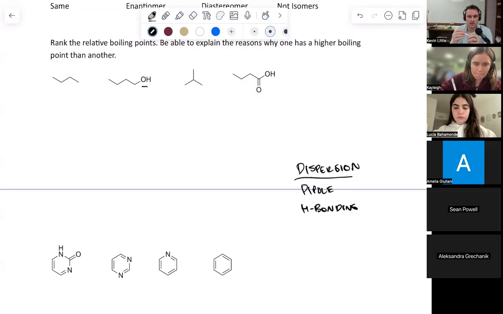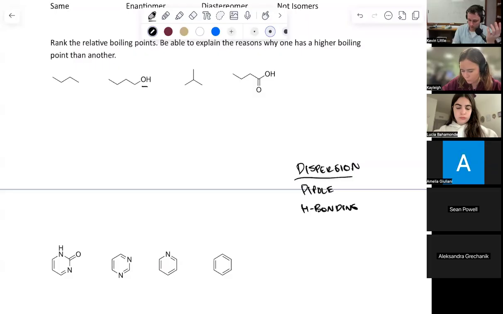So dispersion is probably the most important thing, but it has to be a big difference. It's only the most important because it's really easy to stack long chains of carbons. It can just add up really quickly.